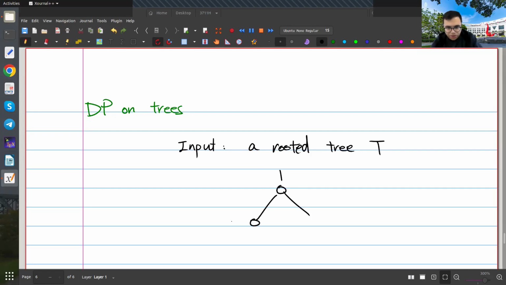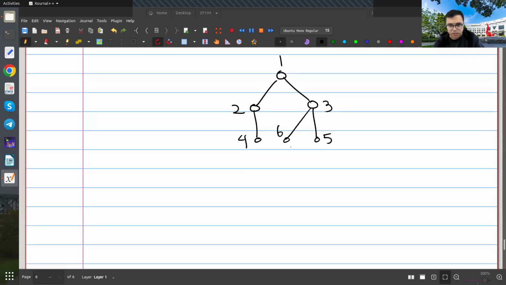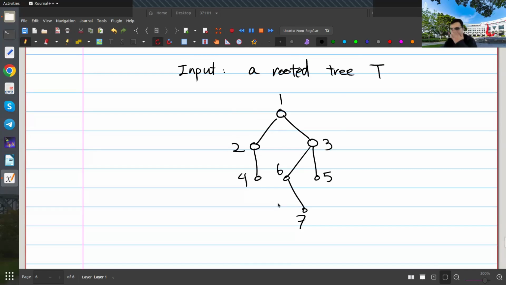It has a bunch of vertices, vertex 1, 2, 3, maybe, I don't know, 4, 5, 6, and like 7, something like this. Okay. Now, one of the things that we have used very often in our algorithms before was the concept of height and also the concept of depth, right? So I'm going to define a height for every node, and I'm also going to define a depth.